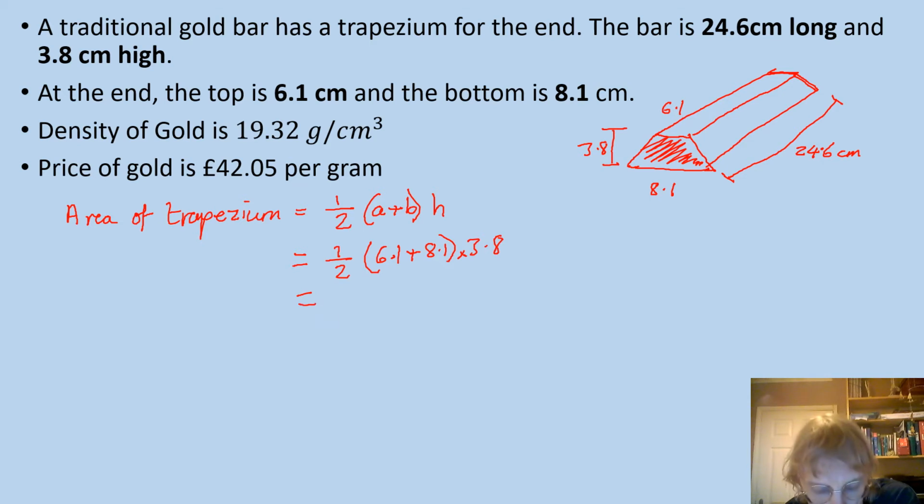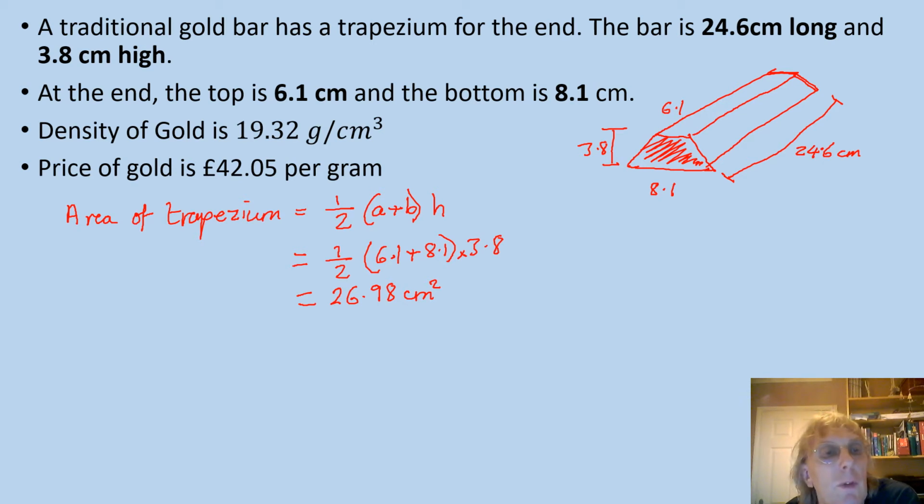The answer, once we've done it, is 26.98 centimeters squared. And that's the area of the trapezium on the side.